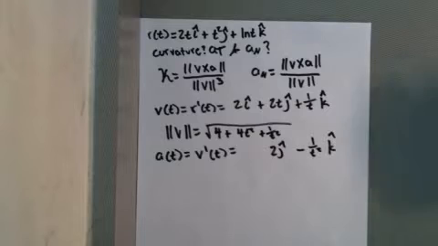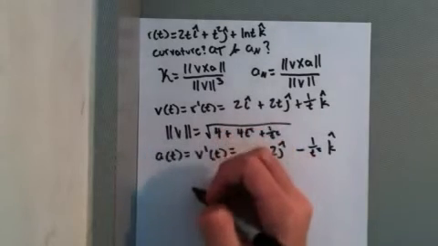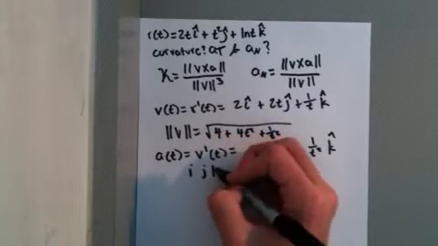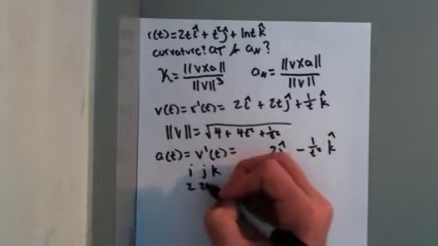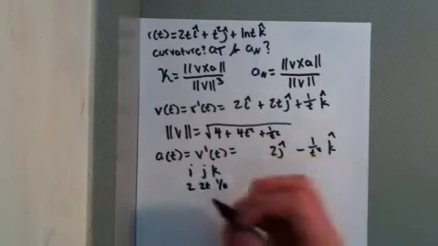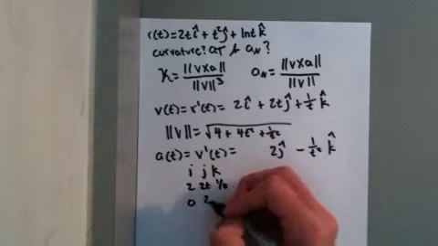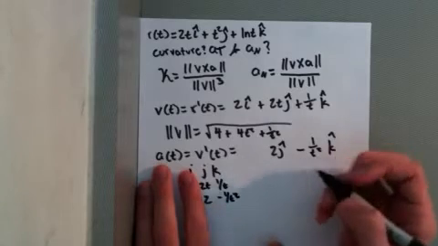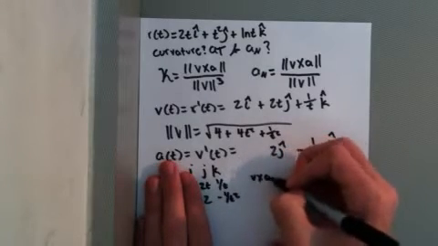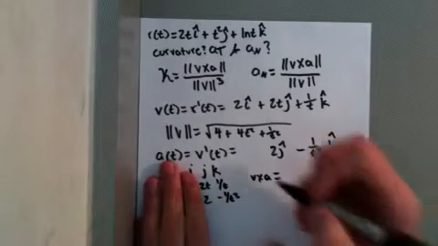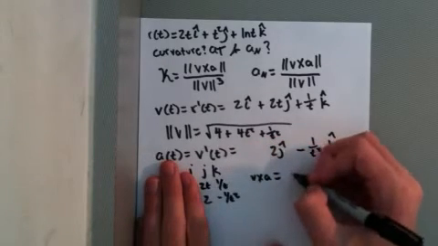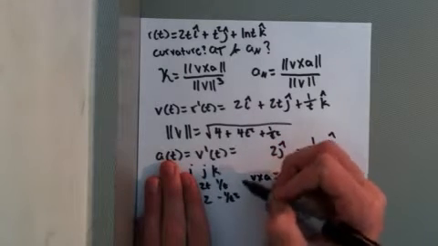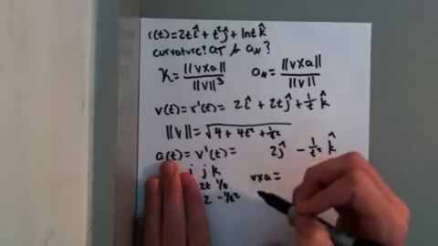So here we go. If we want to cross these, we have to set up our table: i, j, k, then 2, 2t, 1 over t, and then 0, 2, minus 1 over t squared. Okay, so we cross it. Remember, we're taking determinants, so v cross a is going to be equal to, well, minus 2 over t minus 2 over t.